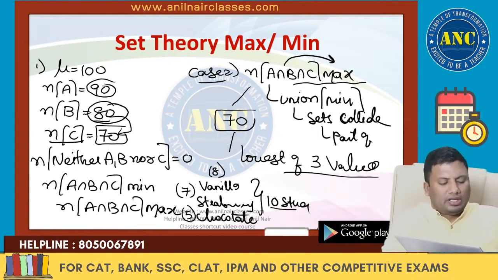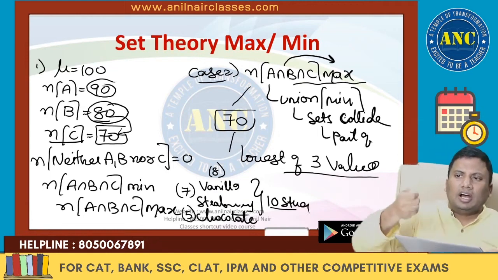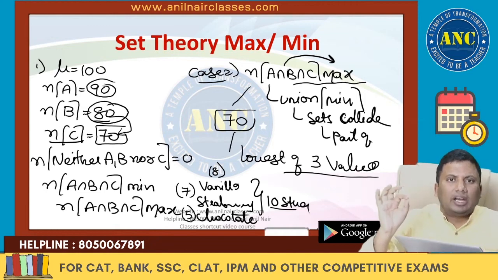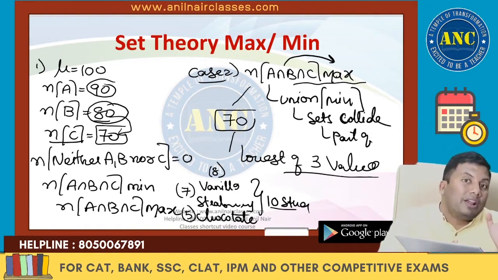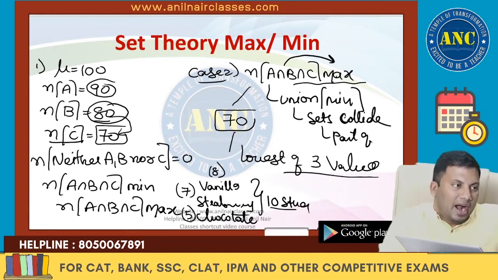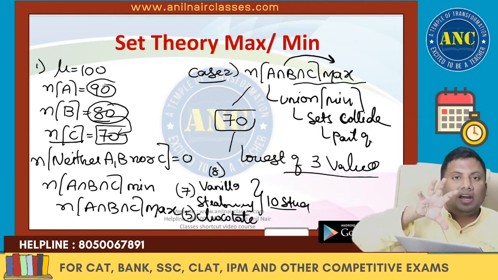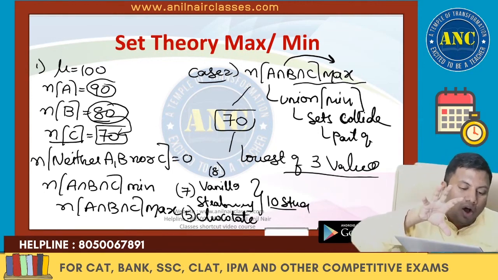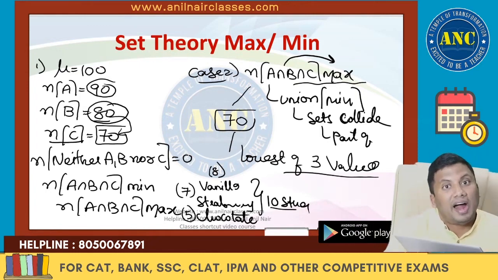So I called student 1 and gave him vanilla, student 2 vanilla, student 3 vanilla, up to student 8. Students 1 to 8 got vanilla. I want the maximum number of students who get all three. In those 8 students who got vanilla, I gave strawberry to 7. So 7 students got vanilla and strawberry.